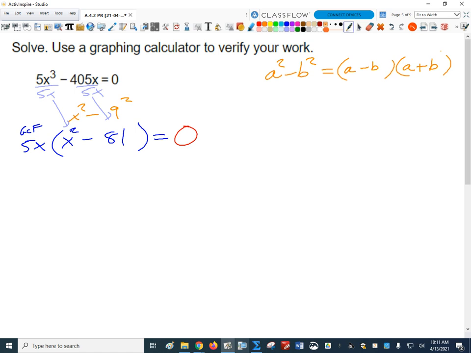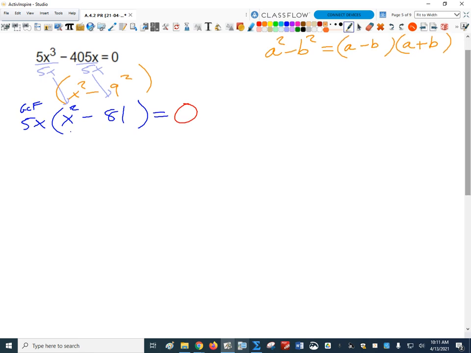So we can think of that as a difference of squares. And then look what happens, right? We've now got 5x times, if I split that apart, that's x minus 9 times x plus 9, and the whole thing equals 0. So what are my solutions?